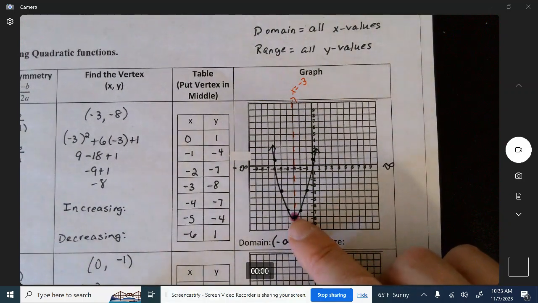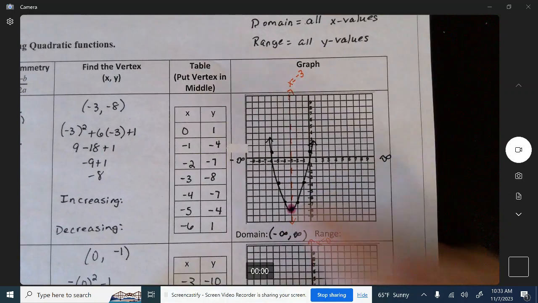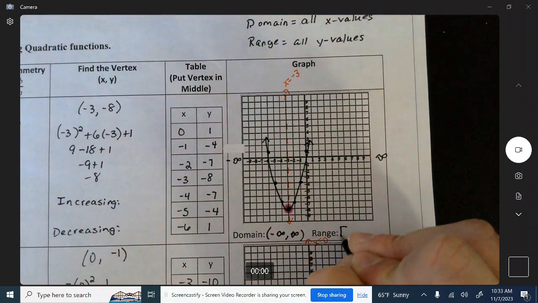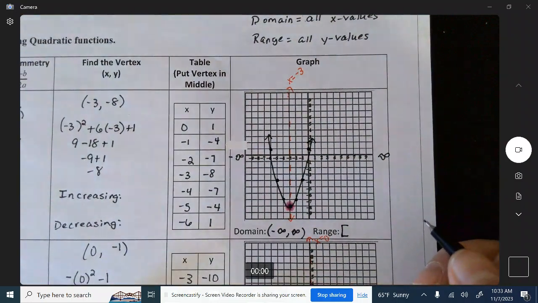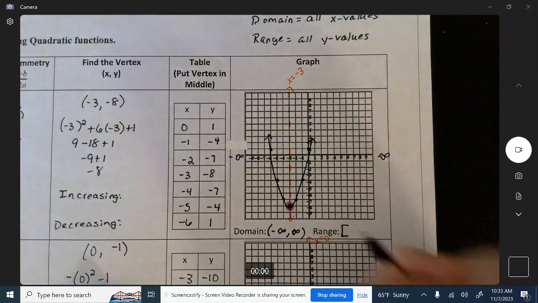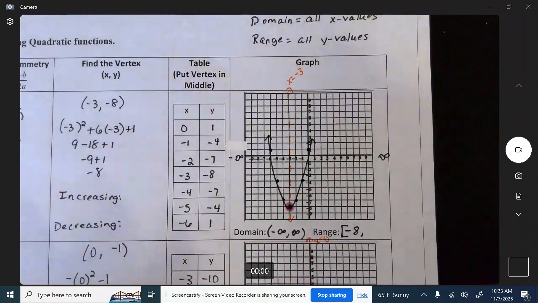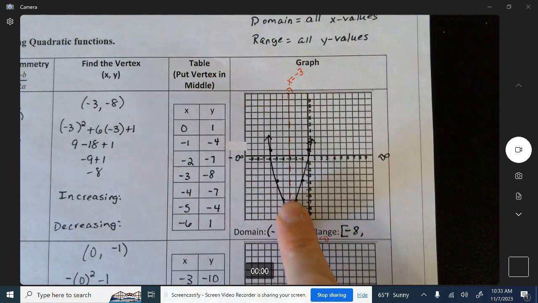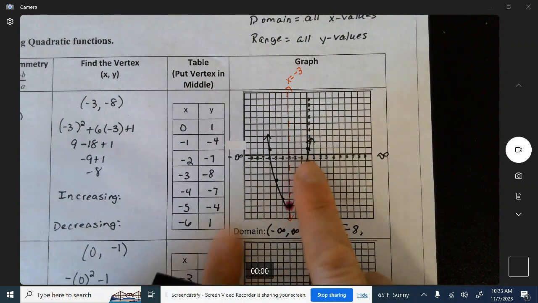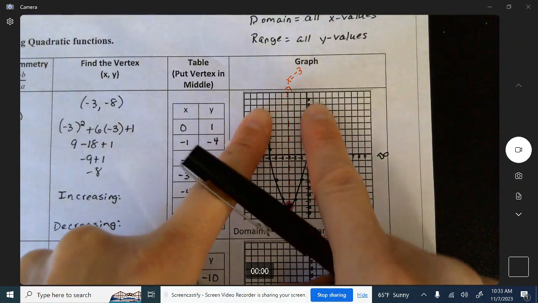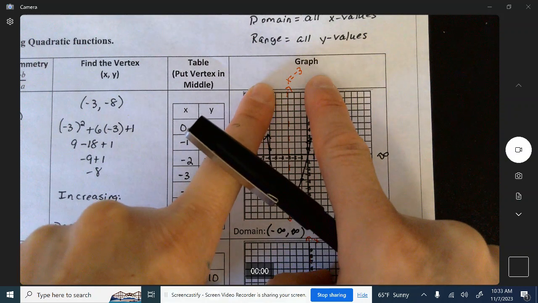Now, since that is a point on the graph, we have to put a bracket around it. Remember when we did interval notation, if it's included, it has a bracket. So this is going to say negative 8, comma, and then how high does this graph go? Well, these arrows mean that it continues forever and ever and ever.